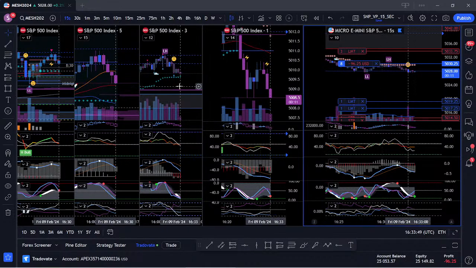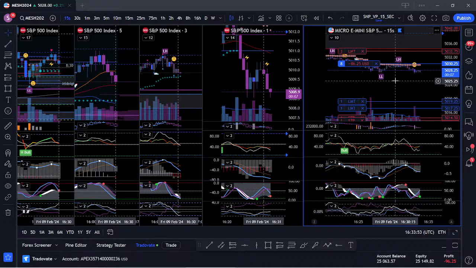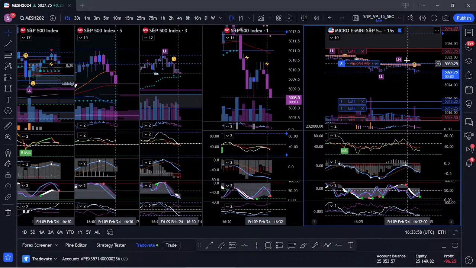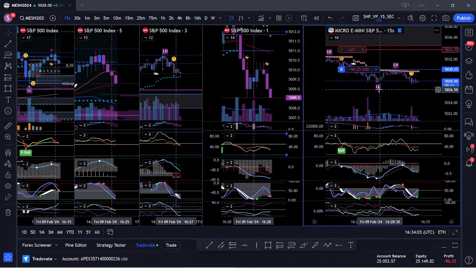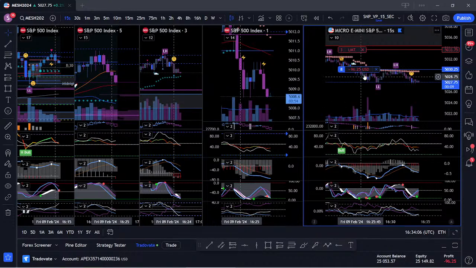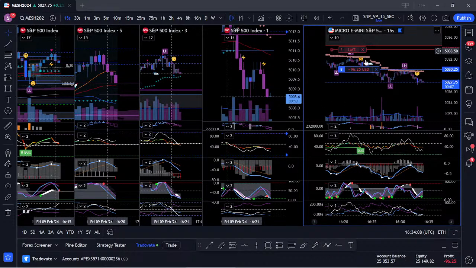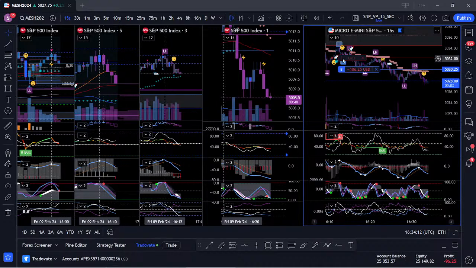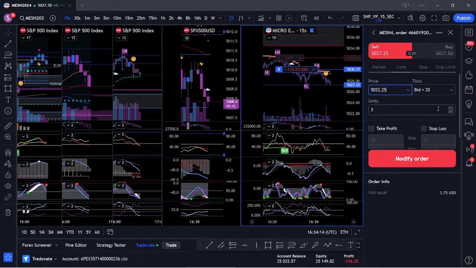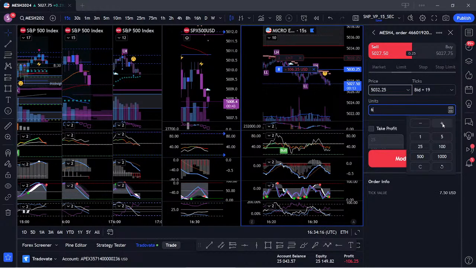But because the 3 minutes MACD is against me, it's not a good quality. So now we're just gonna wait for a lower high, and that lower high should come, and then we reach the target on the hour. So this is the lower high. It's good to get here, and with this lower high we are willing to sell 5 of it.